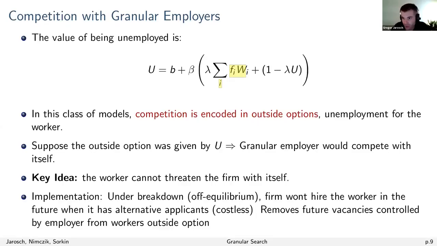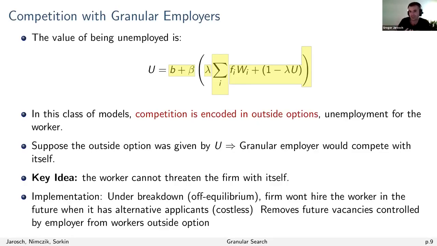Now, suppose for a second we used this object as the relevant outside option of a worker in the wage bargain with a large firm. Well, the firm would say, hold on a second, I'm one of those I's. What you're doing right now is claiming some of my own jobs as part of your outside option. You're using myself as a threat point.